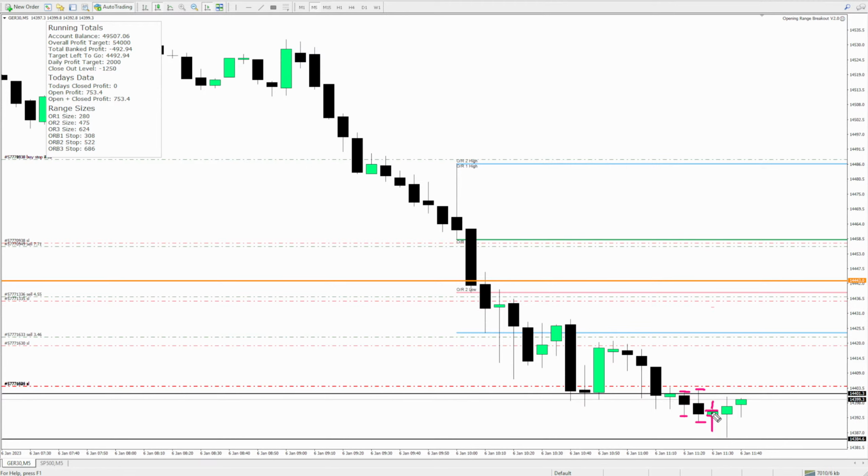Sellers couldn't take control, buyers couldn't take control. Equilibrium. So we've got an equilibrium candle, followed by an equilibrium candle, followed by an outside bar, which is bullish, meaning there were more buyers than sellers because we ended bullish. And now we've got a higher low and a higher high. Reversal pattern. It's a rounding bottom.